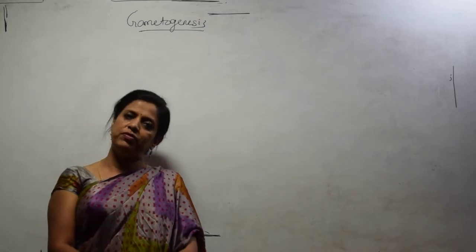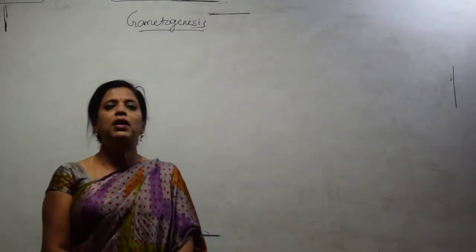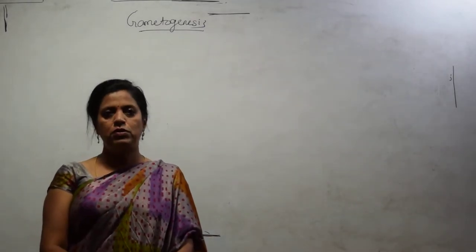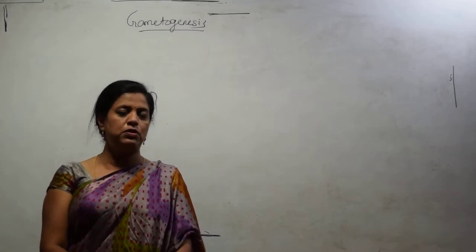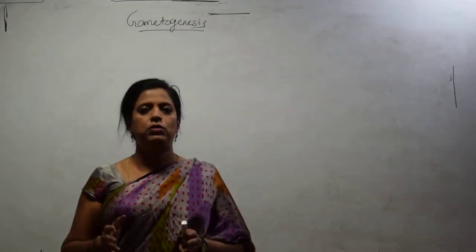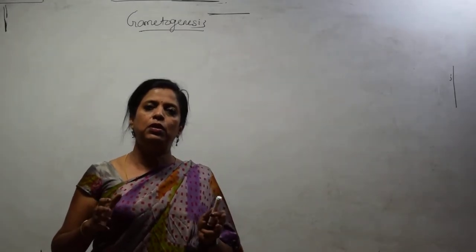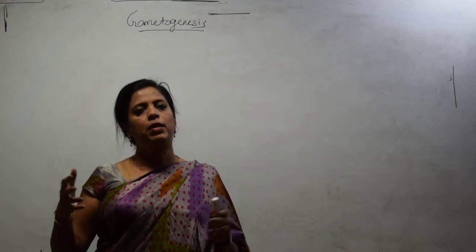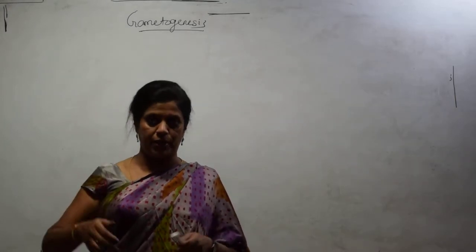We call both of them the mother cells, the meiocytes, because they undergo meiosis and later form the gametes. Therefore, when I am talking about gametogenesis, we are supposed to learn what the steps are, how exactly gametes are formed, and which cells are forming them. Right?